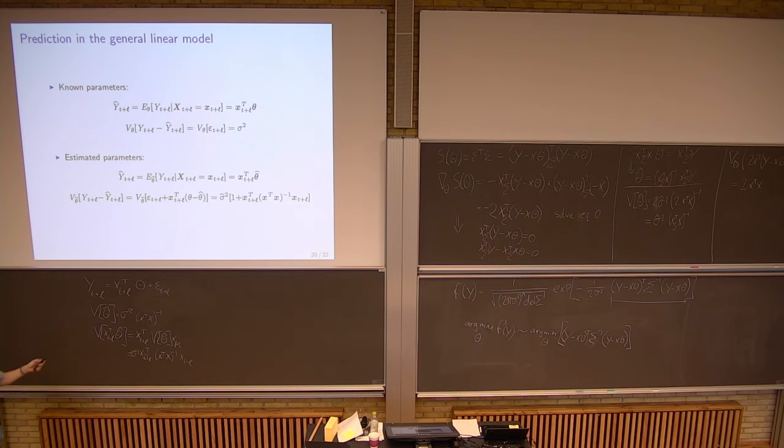And when I then add the sigma square I got from the epsilon at t plus L, I have this expression over here. So note that this X transpose X here is the full data matrix of all the observations that you used in the estimation of theta, and x_{t+L} is just, you can say, one column vector representing the actual values that you want to make predictions for.